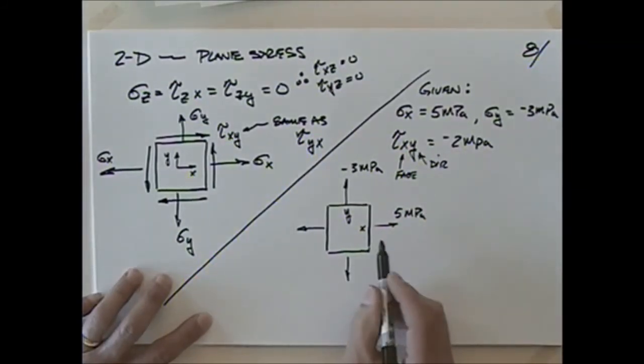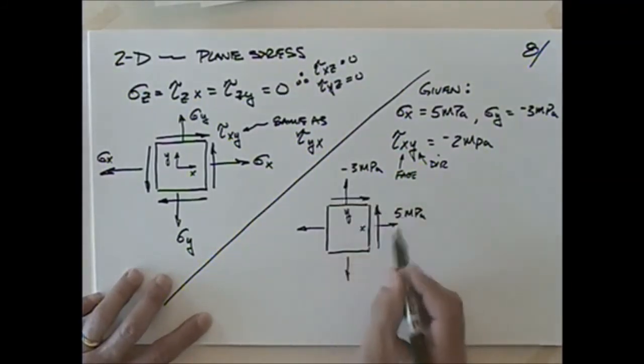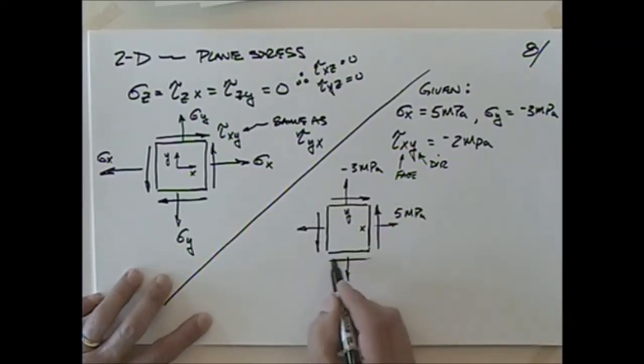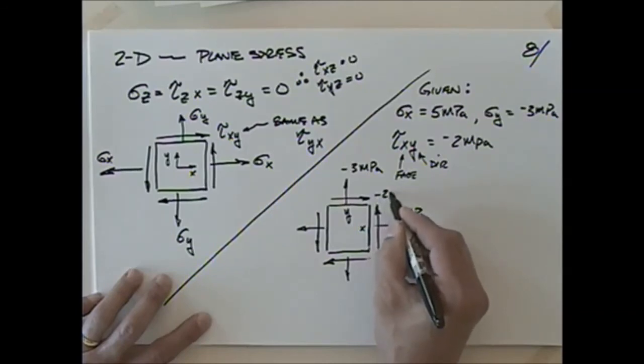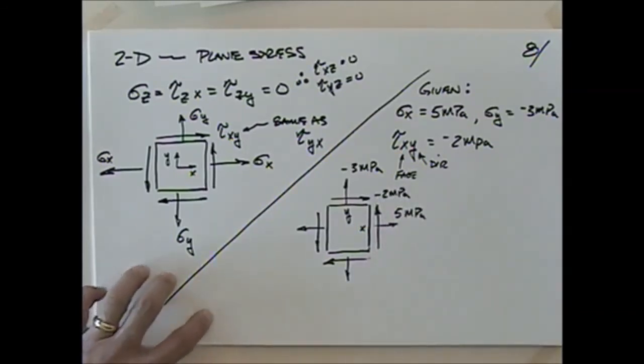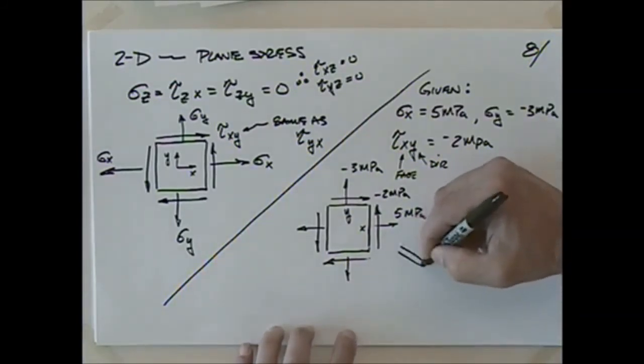So on the x face in the y direction, that is to say this, and then these others would have to follow suit for it to be in equilibrium, right? We would say that this would be equal to minus 2 megapascals, right?